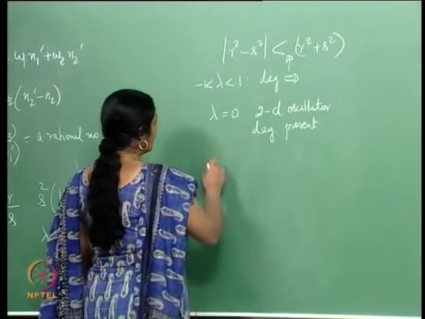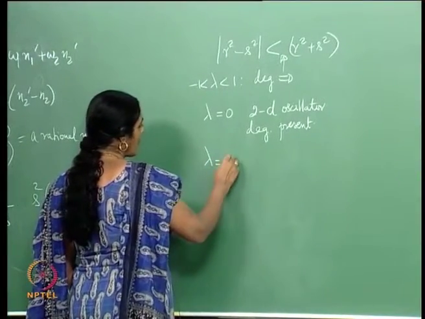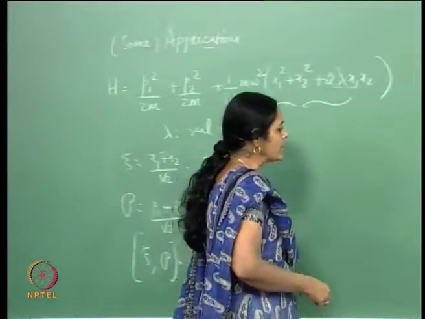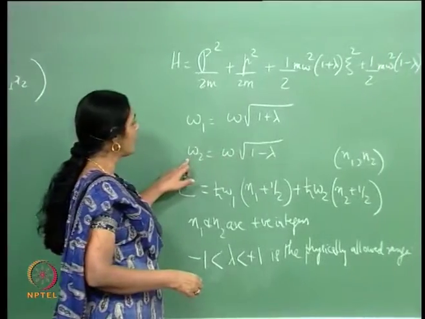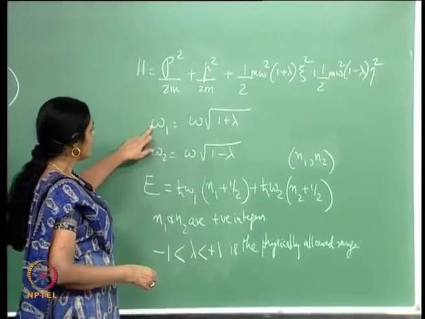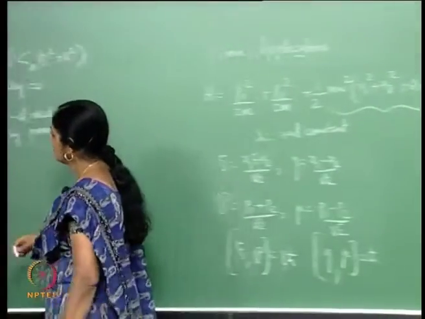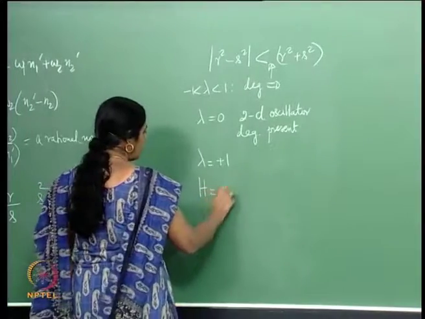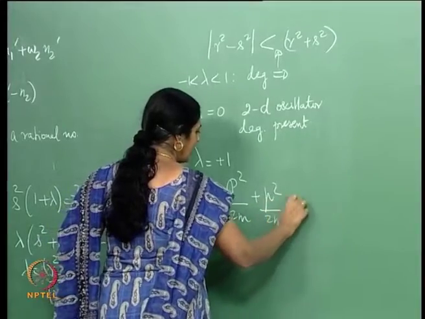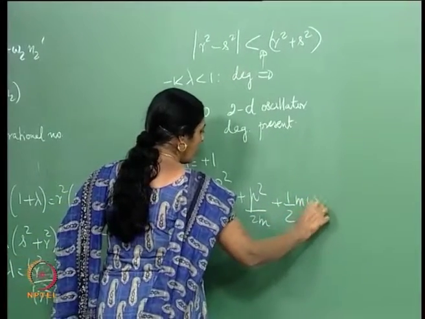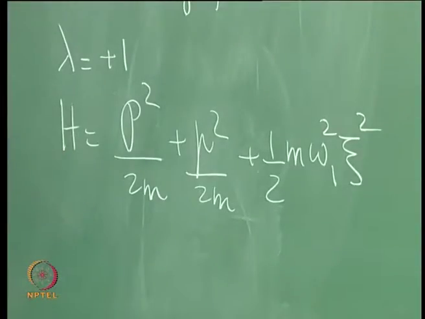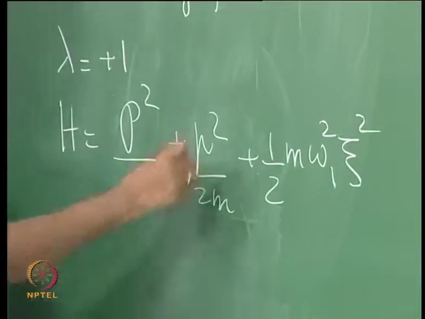Now, what happens if lambda is plus 1? Let us look at the frequencies. If lambda is plus 1, there is no omega 2, and you just have an omega 1. So, what does the Hamiltonian look like? The Hamiltonian is p squared by 2m plus little p squared by 2m plus half m omega 1 squared zeta squared. What kind of spectrum does this Hamiltonian have?